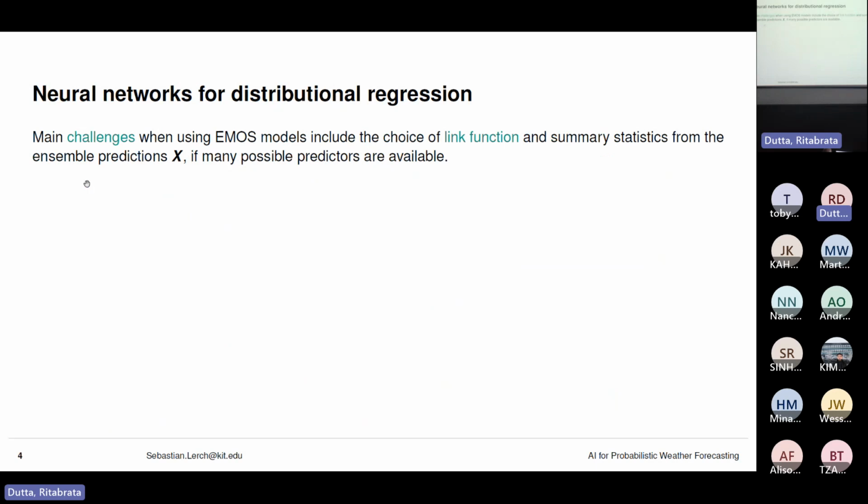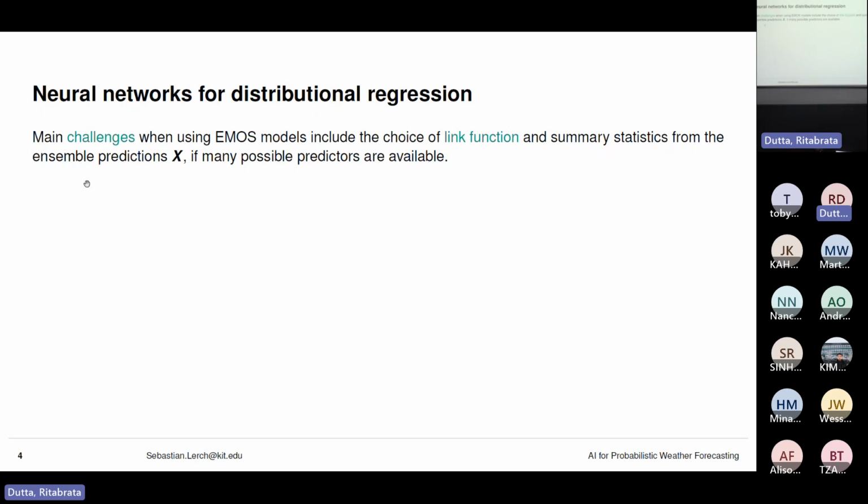These models have now been used for something like 15 or 20 years, and they tend to work well. Post-processing using these statistical models has become a standard practice in research, but also at weather services. However, there are some challenges when considering this EMOS approach to post-processing.